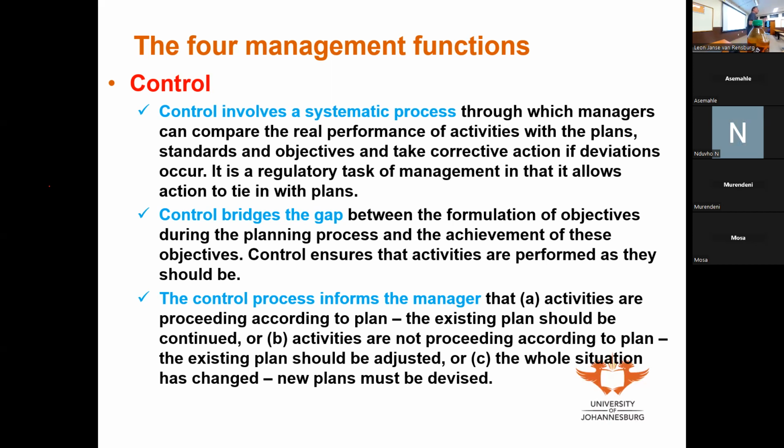The plan might be wrong. So the controls also need to tell us whether we are on the right path. The plan was to go to Cape Town, but maybe you shouldn't have gone to Cape Town. We need a way to turn around if we're going the wrong way, or if the plan was wrong. Okay. So the second one is activities are not proceeding according to plan.